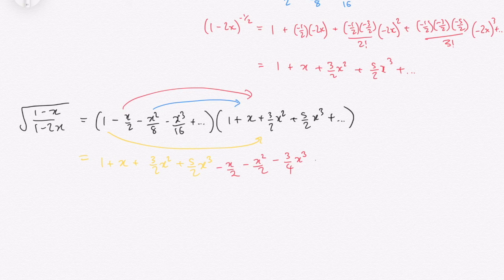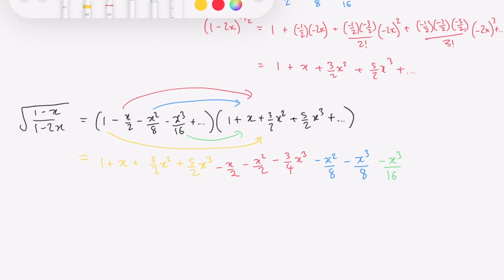So we get minus x squared over 8 minus x cubed over 8, and we can stop there because all the remaining terms will have powers of x greater than 4. And then finally, let's multiply this by everything in here, but we actually only need to do the first one because multiplying by the remaining terms is going to give us x to the power of 4 and greater. So this is minus x cubed over 16.